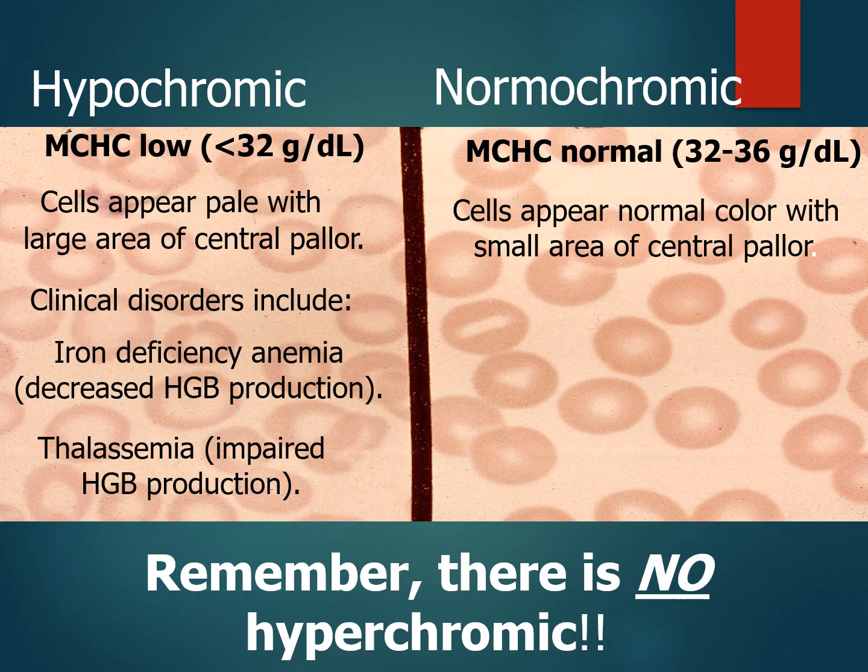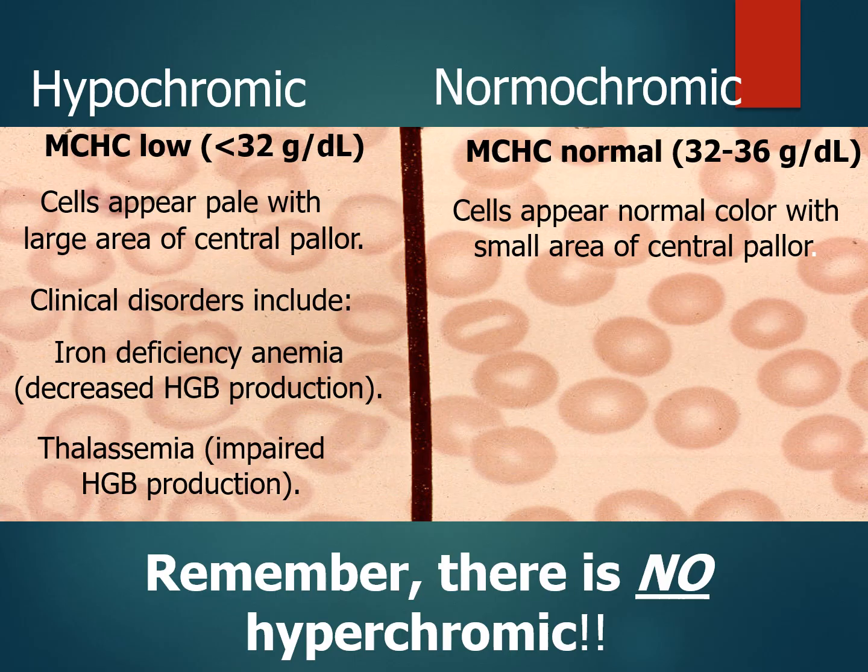If our instrument reads an MCHC of greater than 37 grams per deciliter, we know that that is artifact. Something external is causing an interference with our instrument's ability to read the MCHC, and so therefore we would have to investigate the cause of that.